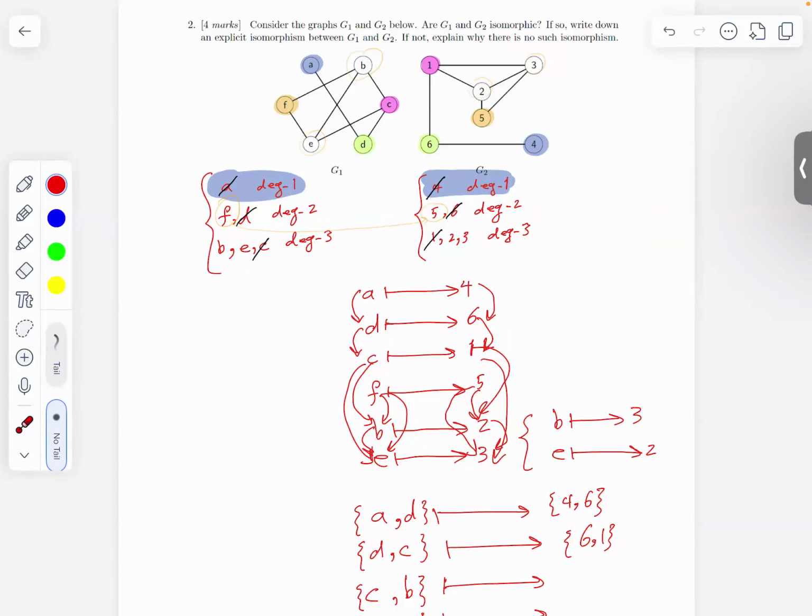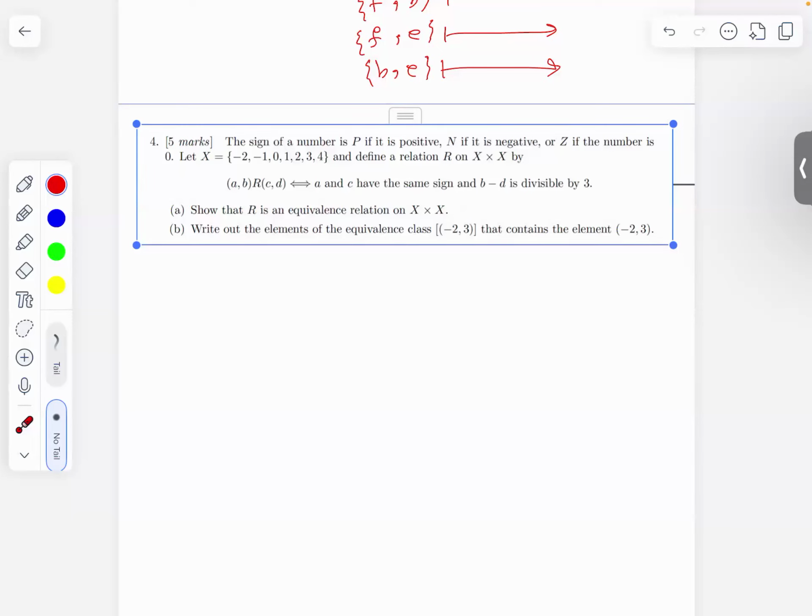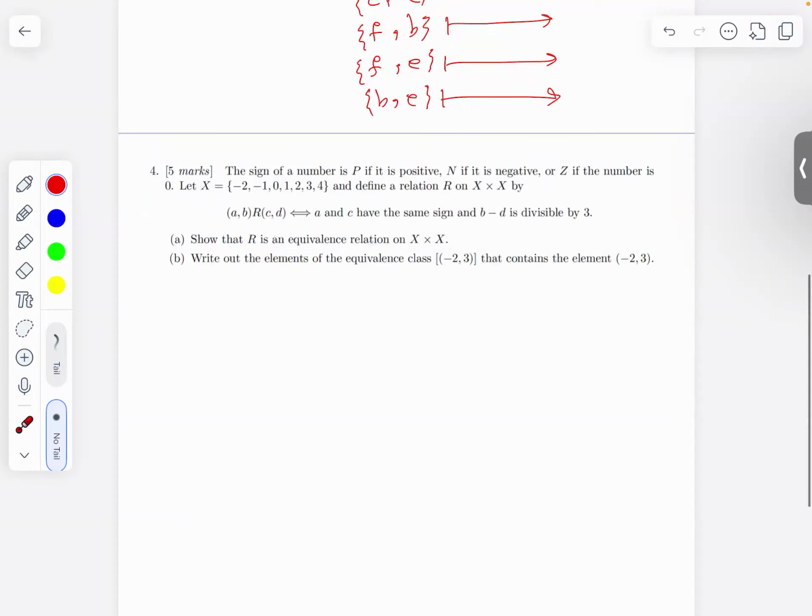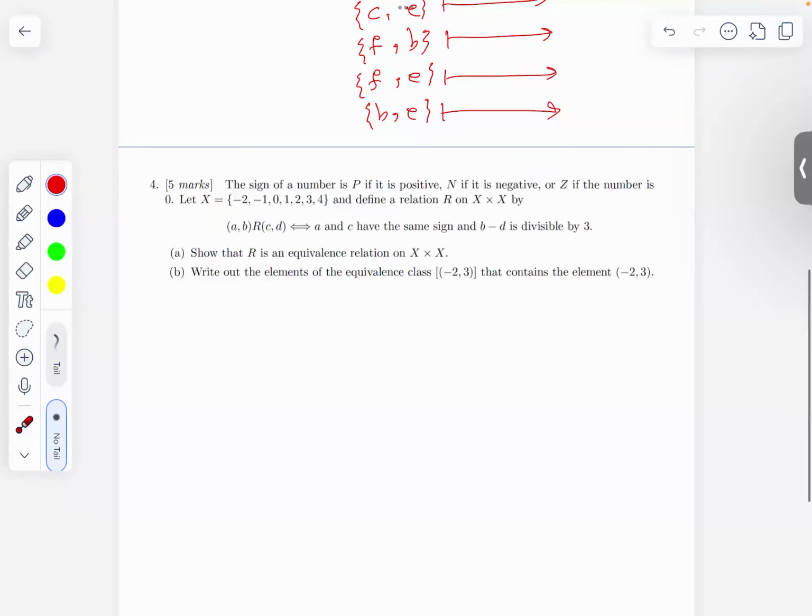All right. To optimize, I will pause the recording. All right. So now we try question 4 of the second test, mid-semester, of the Thursday version. The sign of a number is P if it is positive, N for negative, and Z if the number is zero.